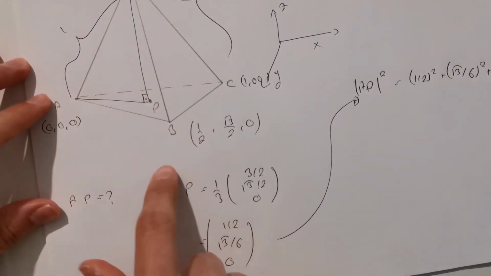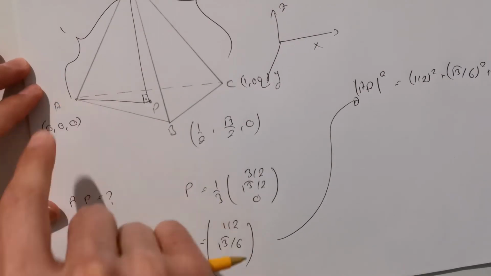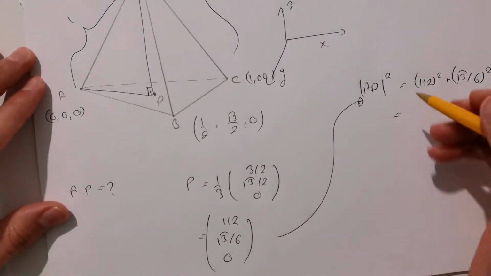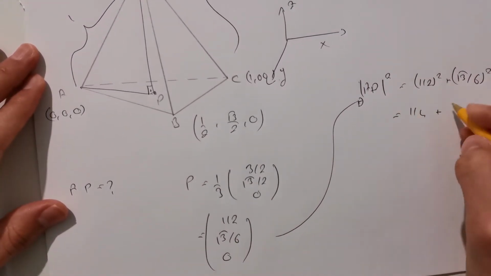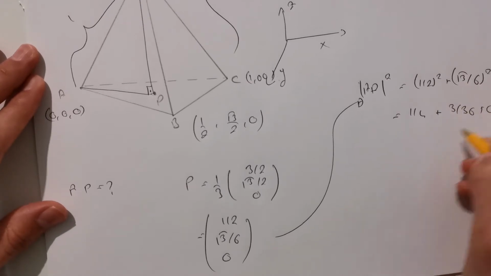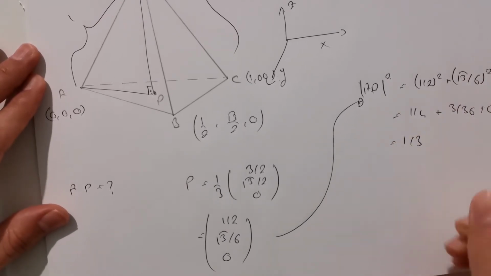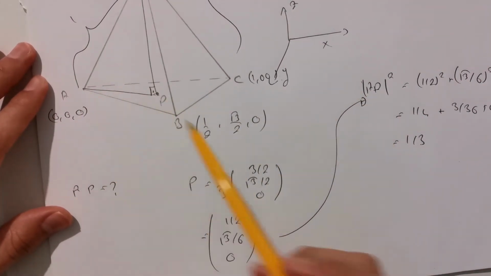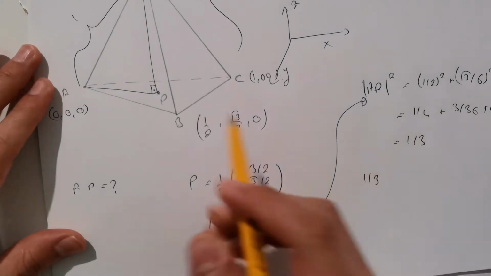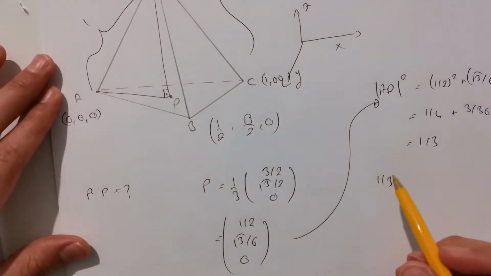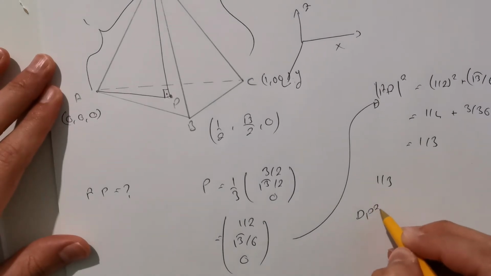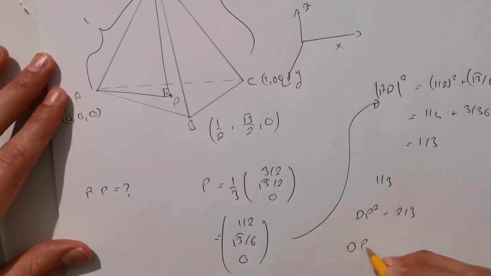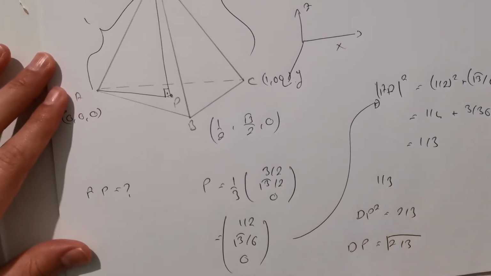Usually you would subtract these from the coordinates of A, but as A is the origin, I just square each of the coordinates of P. This gives you 1/4 plus 3/36 plus 0, which is 1/3. So the square of AP is 1/3. By Pythag, the square of dP is 2/3. Therefore, dP has length the square root of 2/3.